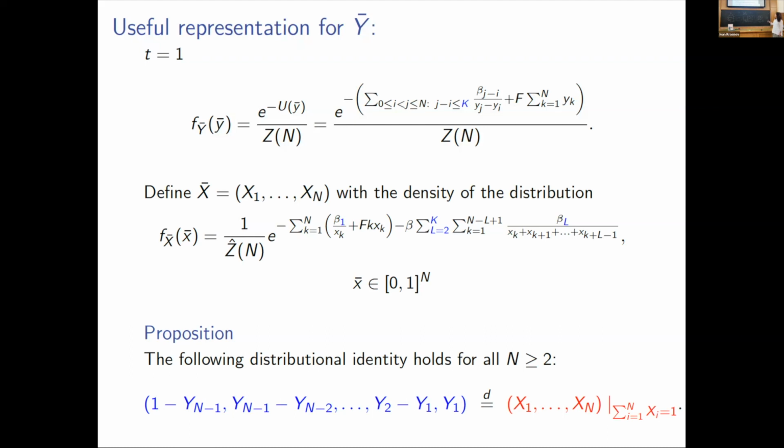Here we were looking for the density of vector Y, and the potential was depending on the distances between particles.